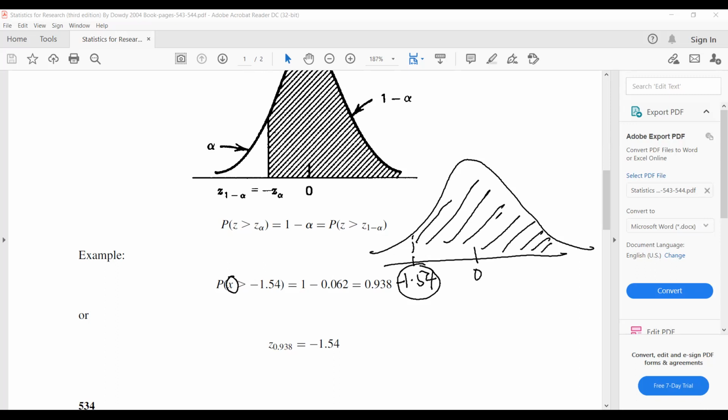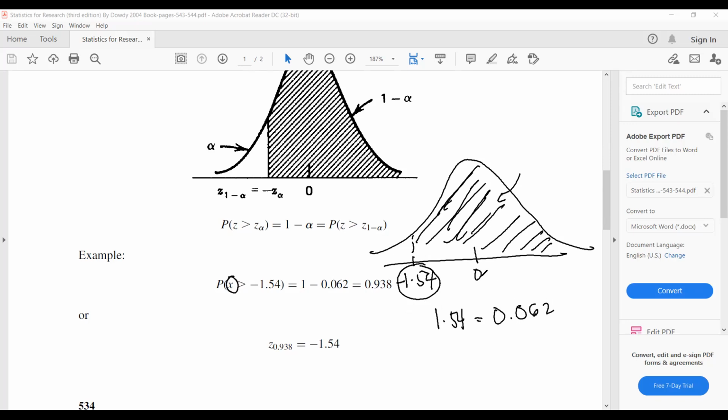So ang ine-expect natin na value is a higher percentage value kasi ito yung tinutukoy niya, yung much bigger area. Now, remember kanina na yung lumabas sa atin for 1.54 sa table is 0.062.